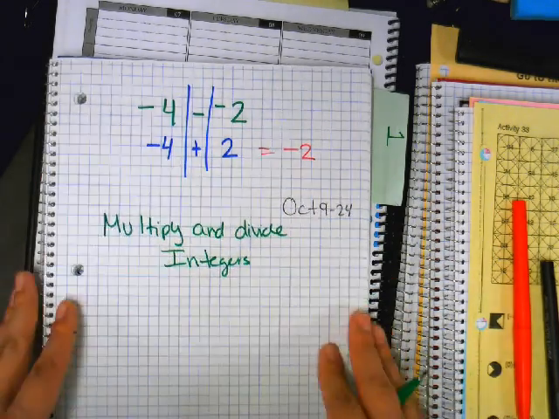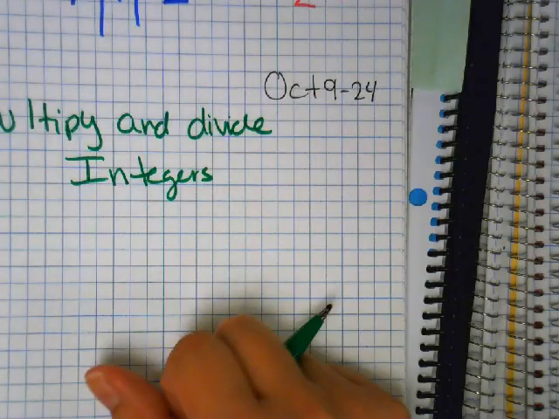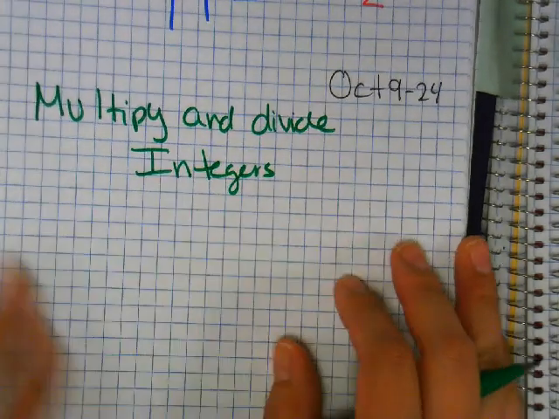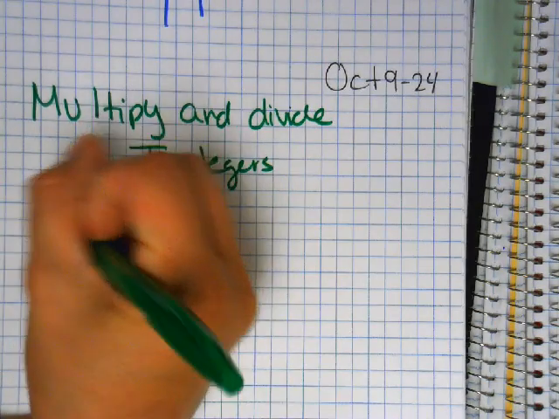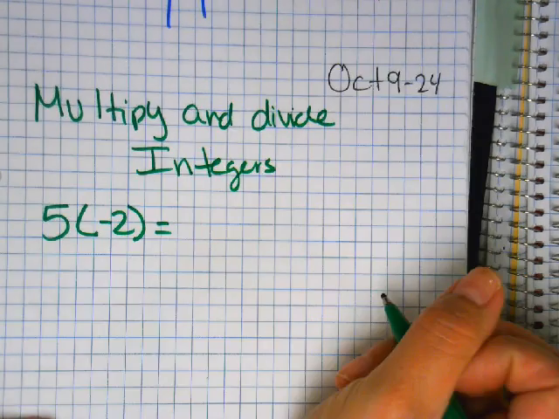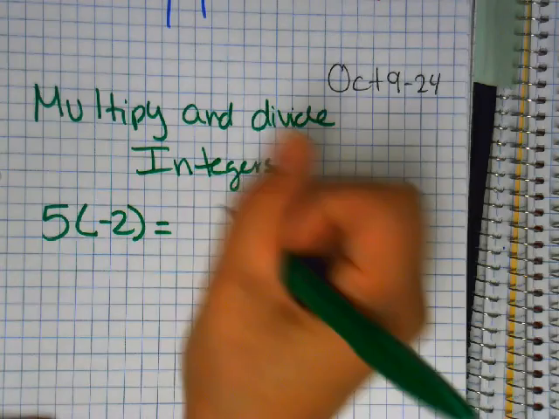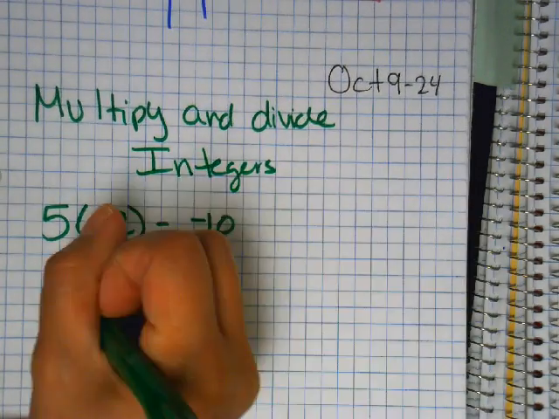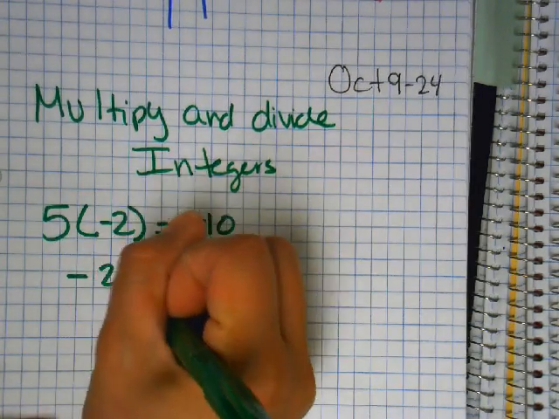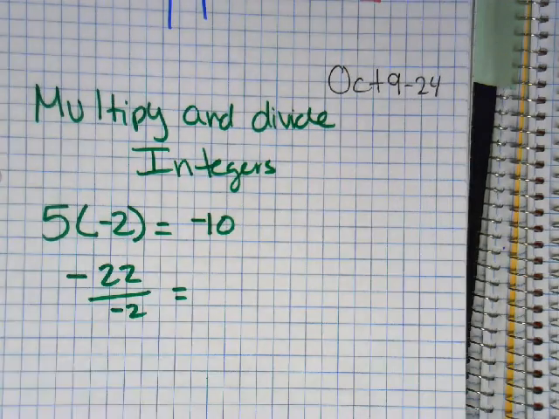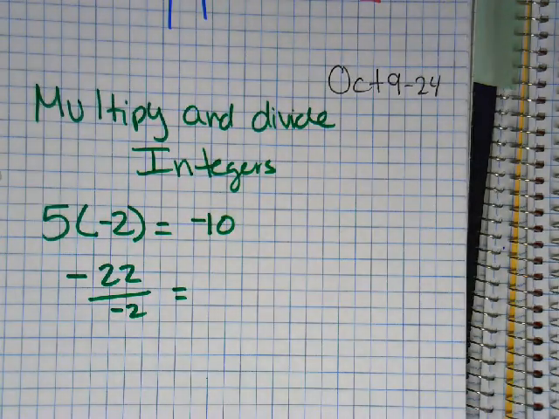Okay, so in 6th grade you guys learned how to do this, right? I hope. If I give you 5 times negative 2, what's 5 times negative 2? Negative 10, right? And if I give you negative 22 divided by negative 2, what's that?